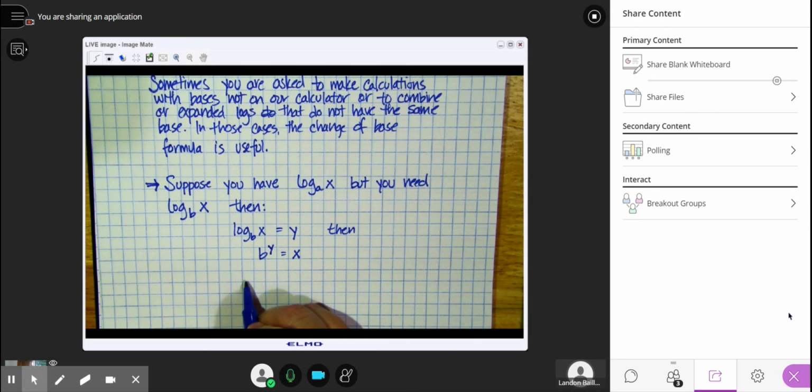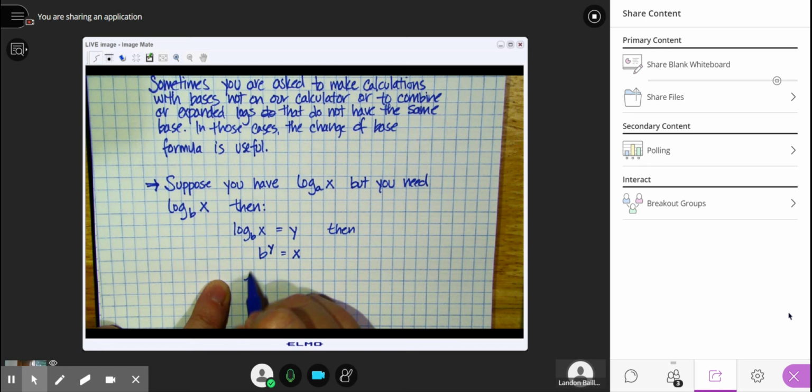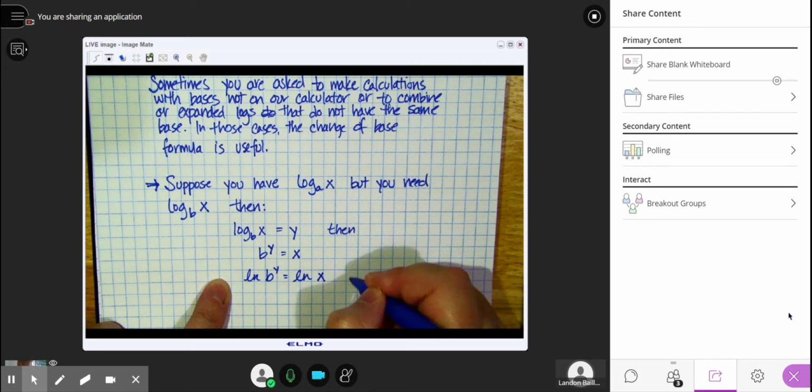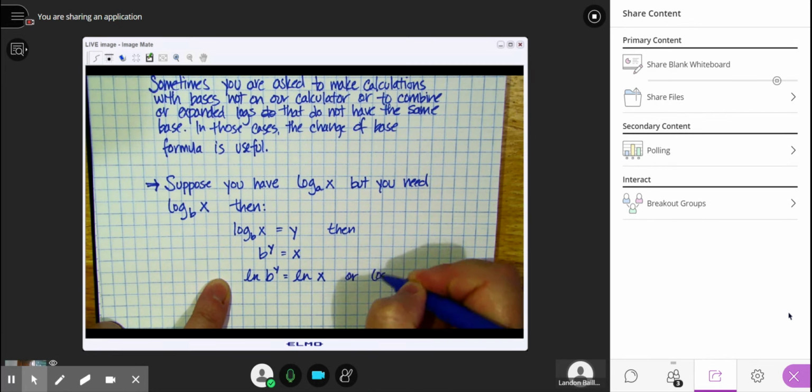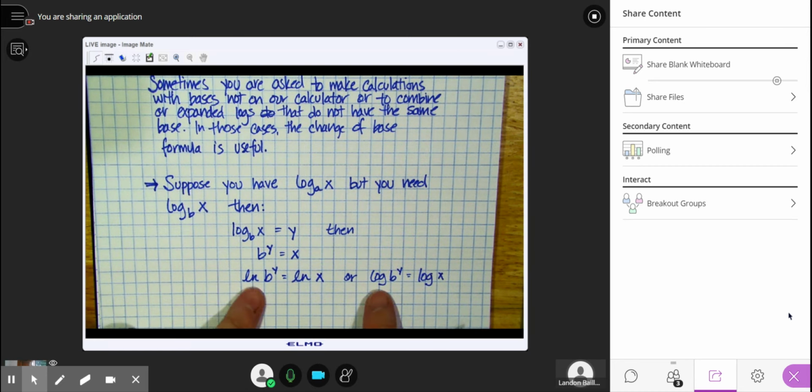Now, because these two are equal, I can take the natural log of both sides, or I could take the log base a of both sides. Why would I use the ln or just a regular common log?